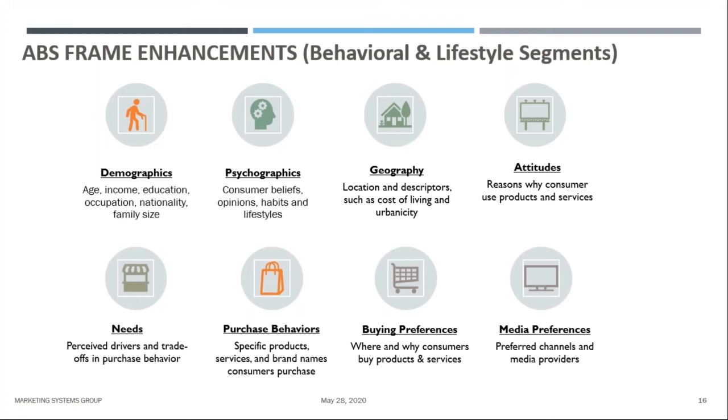This vendor partitions the entire country into 172 different segments, and these segments classify households based on a long list of indicators so that you would be able to target households based on demographics, psychographics, obviously geography, attitudinal indicators, why and where people purchase specific items, needs segments, as well as purchase behaviors, buying preferences, and media preferences.